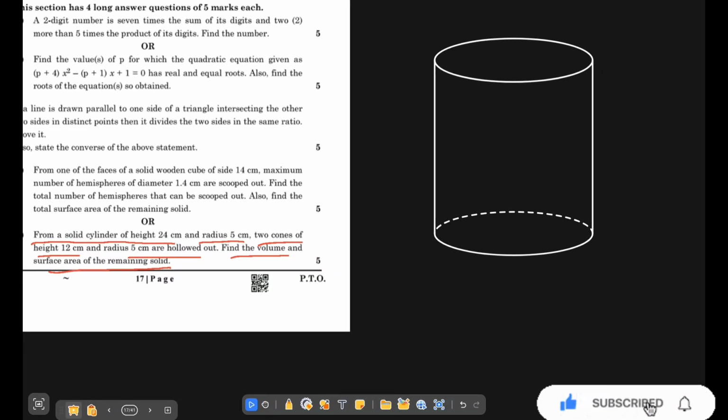So from this cylinder, two cones of height 12 and radius 5 centimeters are hollowed out. Two cones. Let us think that one cone is from one end, another cone is from another end.